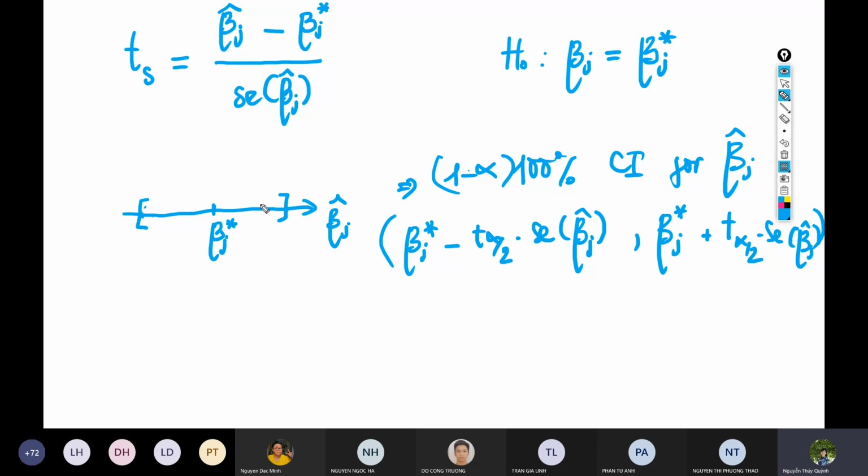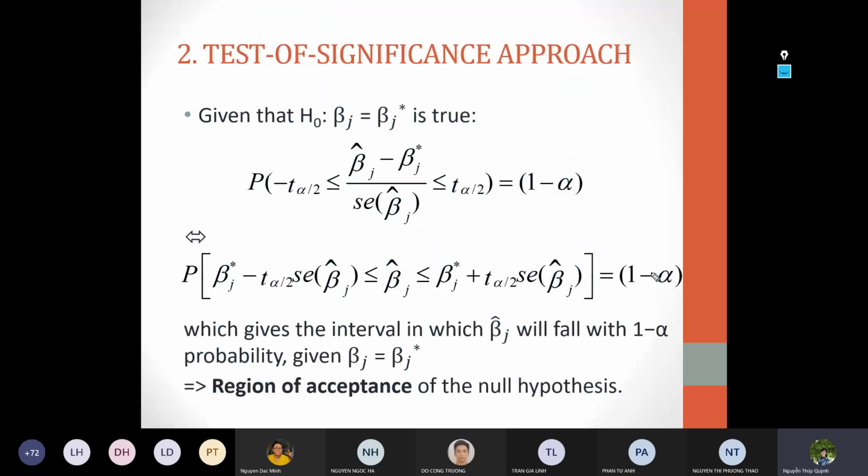So this range is called the region of acceptance of the null hypothesis.